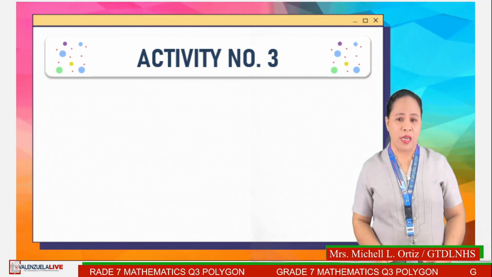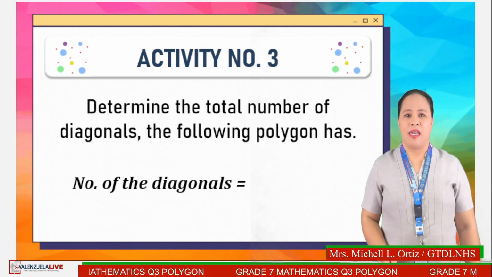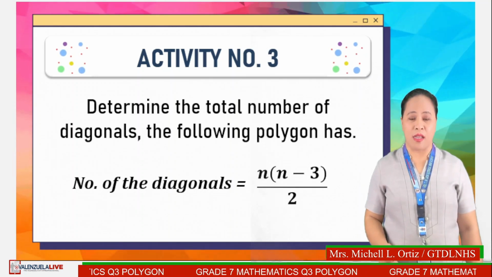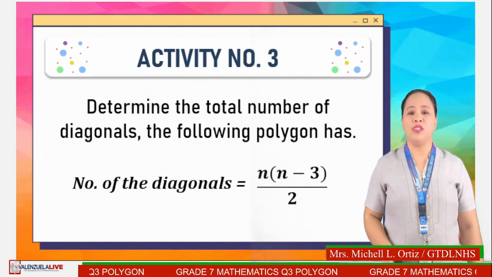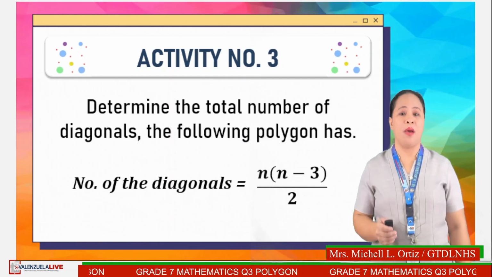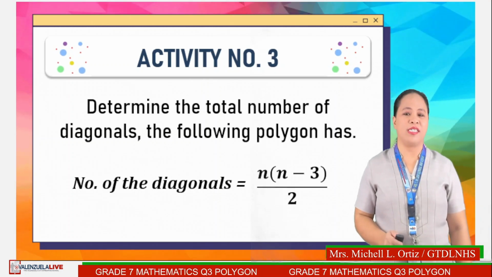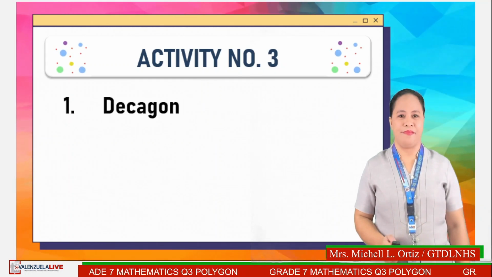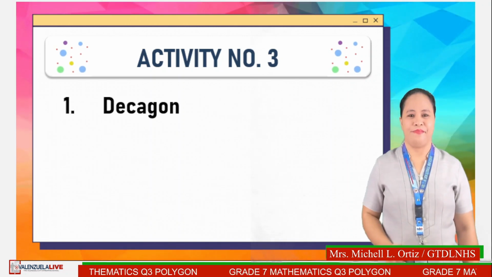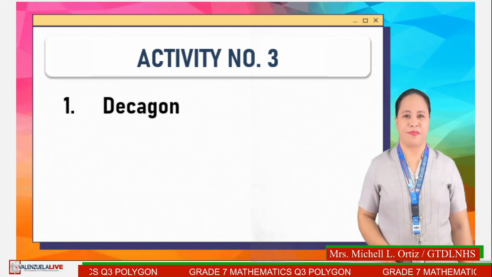In this activity, you are going to use the formula n times the quantity of n minus 3 all over 2 to determine the total number of diagonals of the following polygon. Are you ready? You have 5 seconds to key in your answer. Number 1, a decagon. 5 seconds, go!